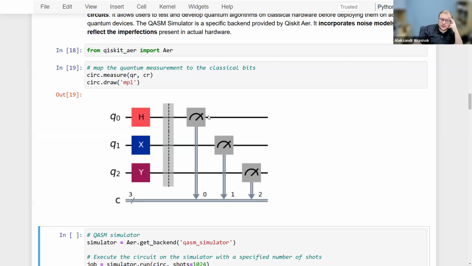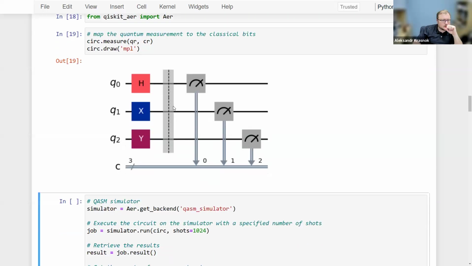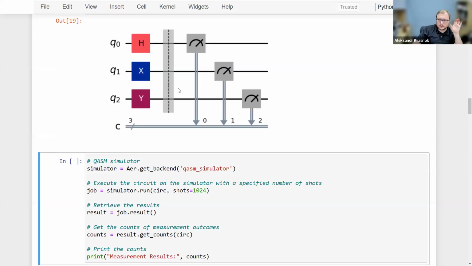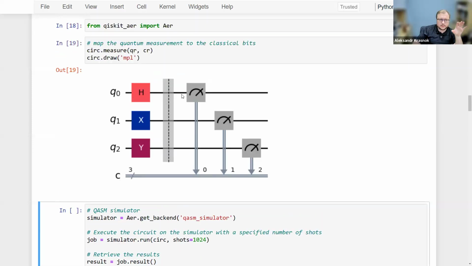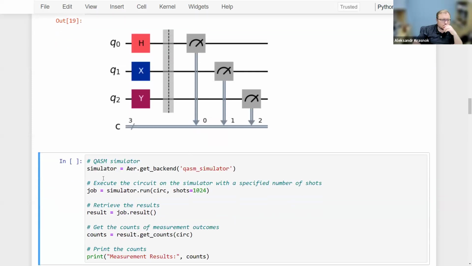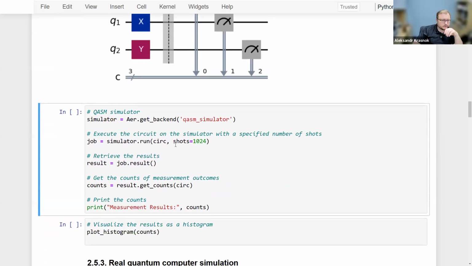These measurement gates measure the qubits in their states, and the result is random, with some probability, right? So this is my circuit that I plan to simulate using the custom simulator.